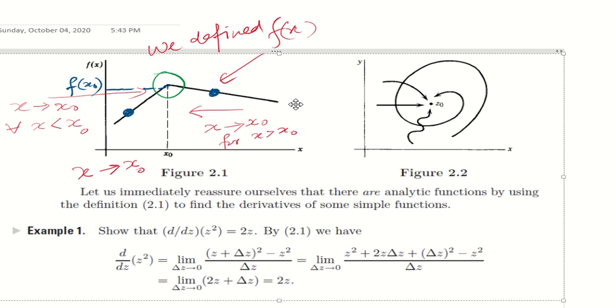If this is the case, we say that the function is defined in this region of x greater than 0. So f is defined and the limit exists.